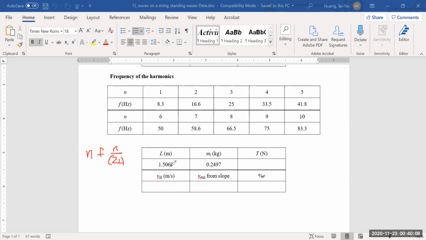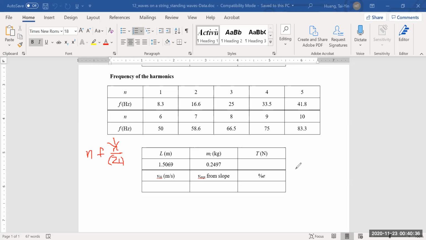And what is capital L? Capital L is 1.5069. And the loading mass is 0.24797, so you can multiply by 9.8, and that will give you the tension. Once you have the N and the F values, these data points are given, so you need to key them into Excel and use Excel to calculate N over 2L.